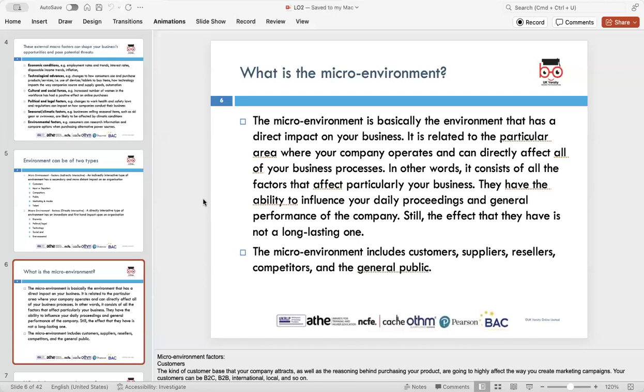So they have the power to have an impact on the way in which you conduct your daily operations as well as the overall performance of the firm. On the other hand, the effect that they have is not one that is extremely long lasting. Clients, vendors, resellers, rival businesses, and members of the general public are all included in the micro environment.